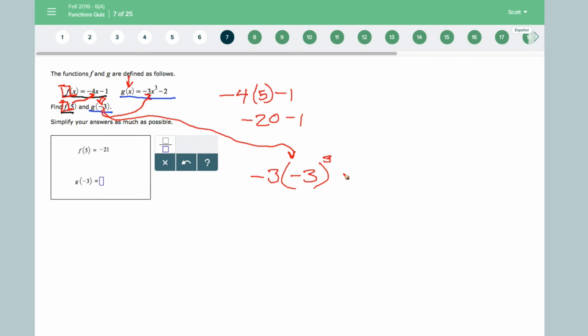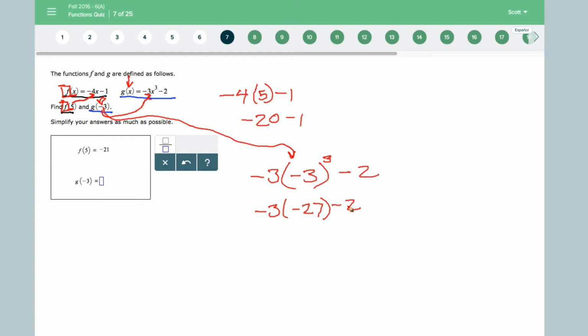Cubed minus 2. Well, we have to do the cubed part first. -3 times -3 is 9. 9 times -3 is -27.